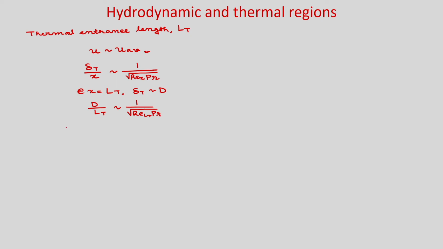Now you convert this ReLT as u average LT by nu. So, you can convert in terms of diameter. It will be d by nu into LT by d. So, this you can write in terms of Reynolds number based on diameter into LT by d.